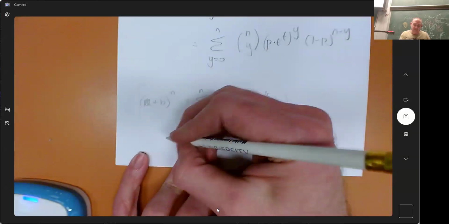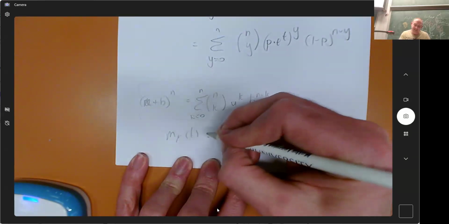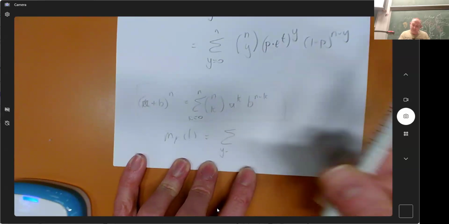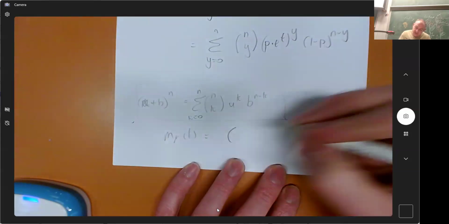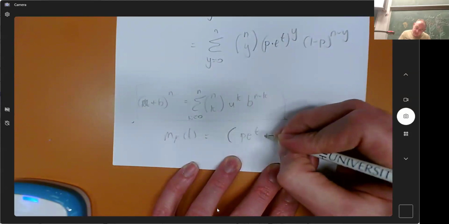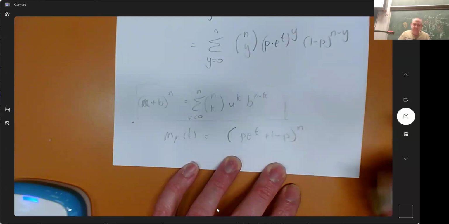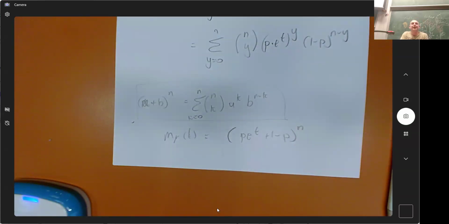And so this, therefore, M_Y(t) is p e to the t plus 1 minus p, to the power of n. Magic! Binomial theorem.